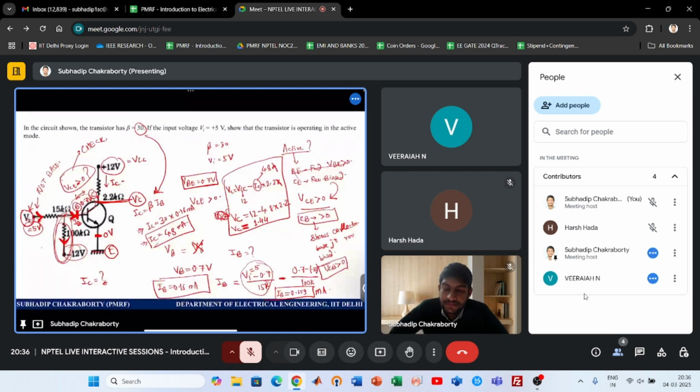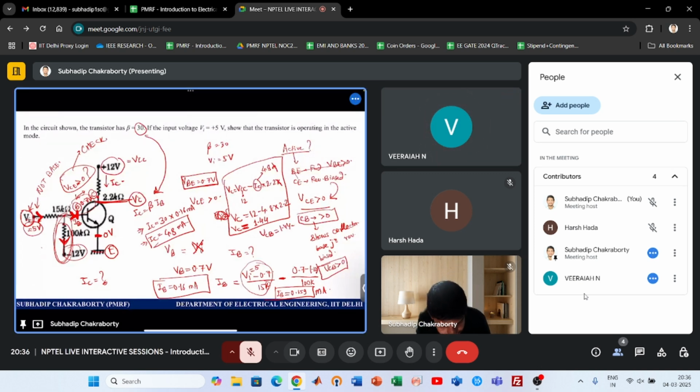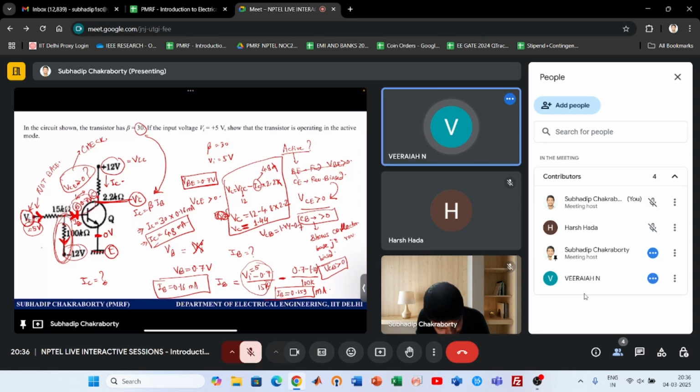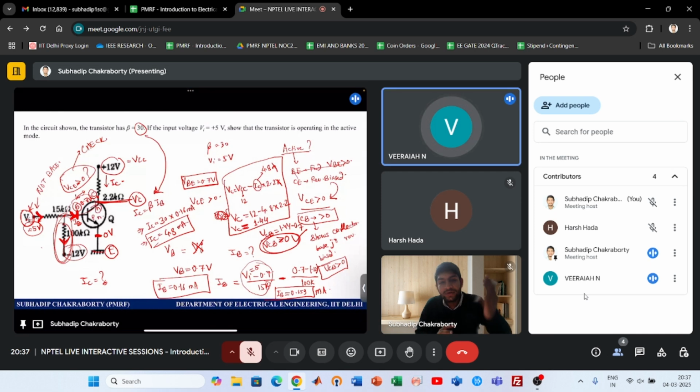So now can you claim VCB? What is VCB? VC minus VB. That is what we need to check. 1.44 minus 0.7. Is it greater than 0? Yes, sir. That means the VCB, voltage impressed across collector base, is positive, which means the collector base is reverse biased because VC is higher and this is an NPN transistor.